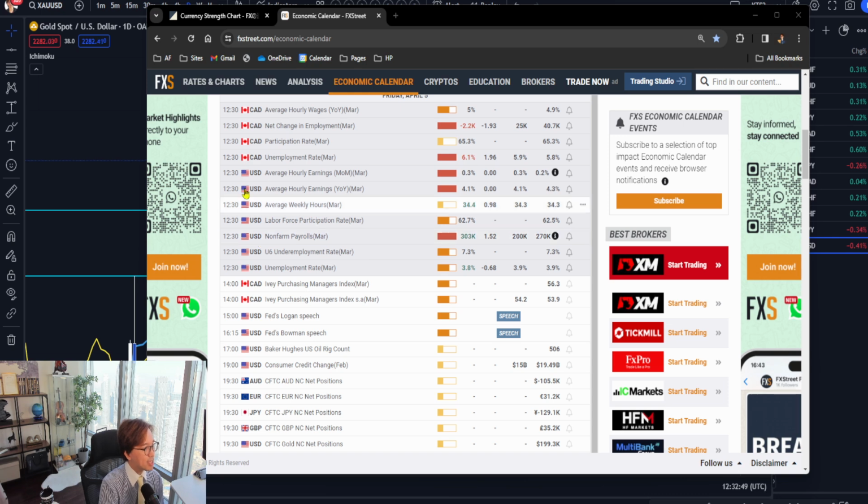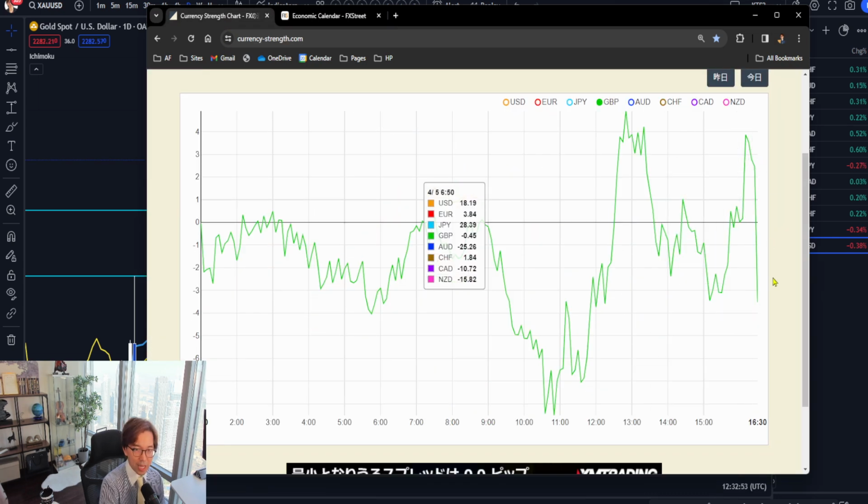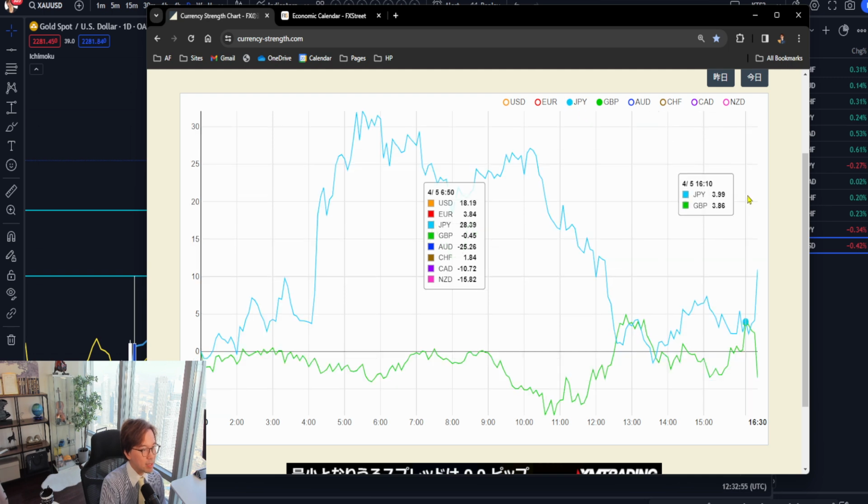As you can see on the strength chart again, pound is sold very heavily, and JPY is bought very heavily too. The light blue is JPY, it's up, and the green pound is down, right? So this is not the USD pair, this is not the USD currency, but indirectly it affects like this.